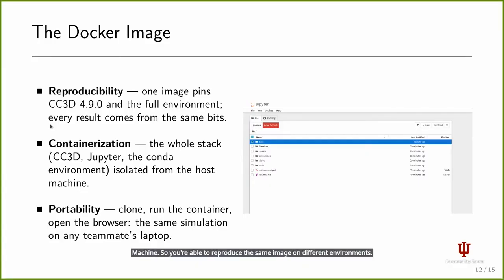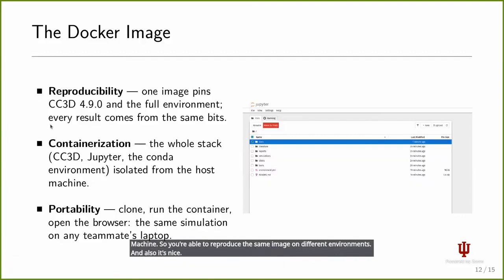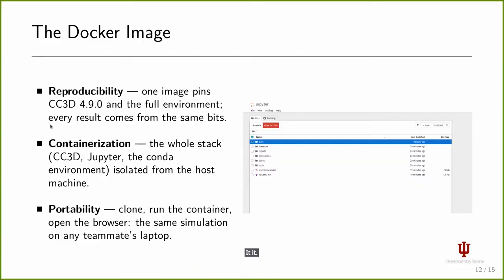And also it's nice because it's a container, so everything that you put in the Dockerfile will be runnable on the image. So if you know the steps to install and create your environment, then you can write that in the file.